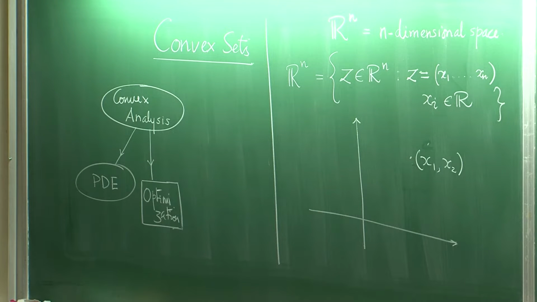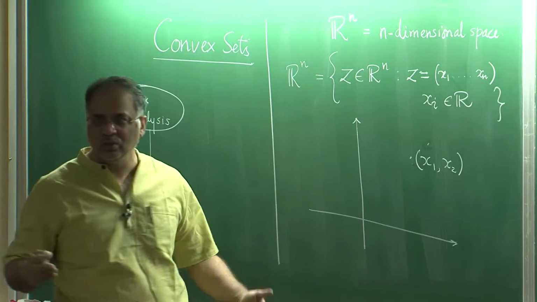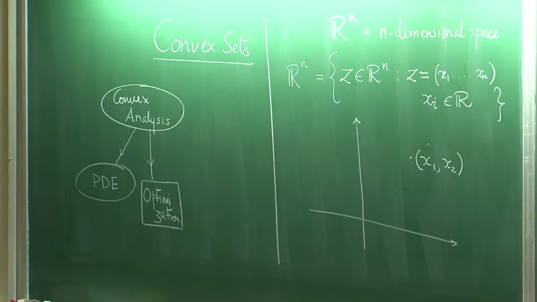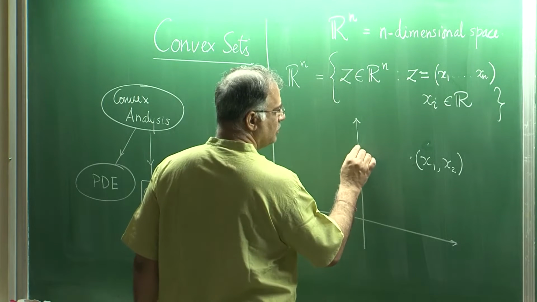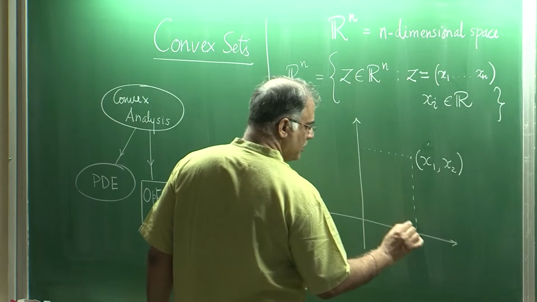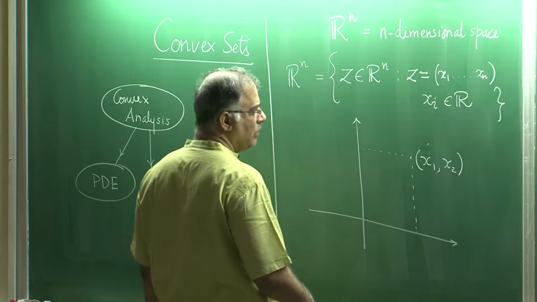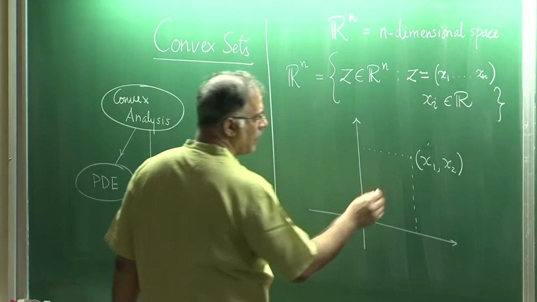When you are talking about Rn, then you have x1 coordinate, x2 coordinate, x3 coordinate, x4 coordinate, up to xn coordinate. You can think in that way. Of course, there is no geometric vision after the third dimension, but that is where the algebraic manipulation becomes important: you are talking about geometry, but through an algebraic language.